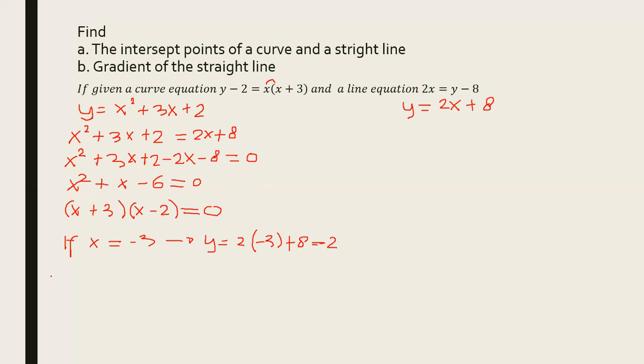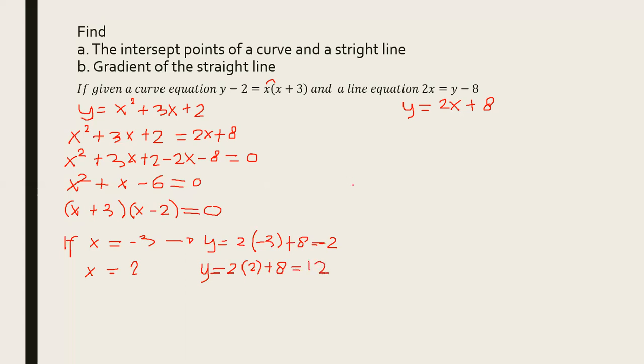If x is positive 2, it means y equals 2 times positive 2 plus 8, equals 12.